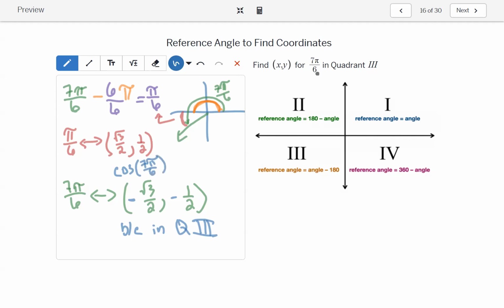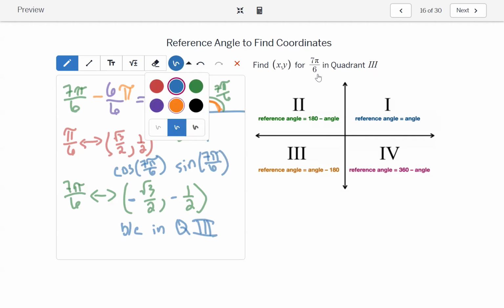Like when we say this is the ordered pair, this is part of the information that we're saying. So we've spent a whole lot of time focusing on the sine and the cosine.